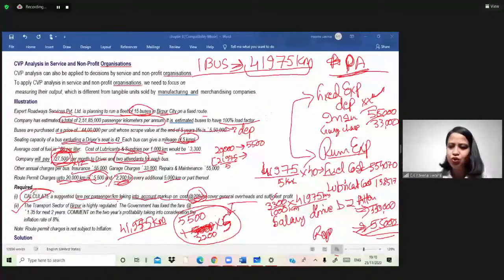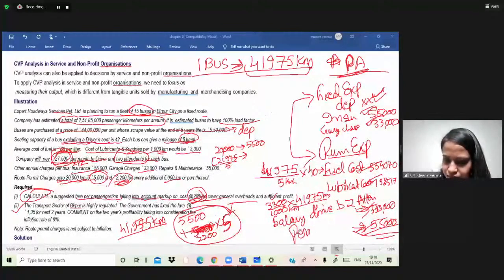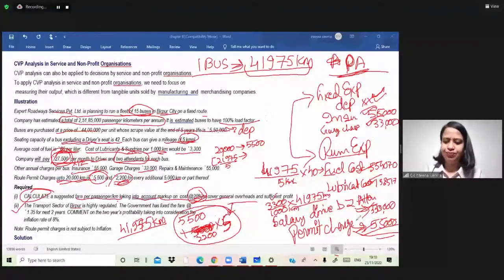The total value you will get after considering the depreciation, insurance, garage charges, then fuel cost, lubricant cost, salary of the driver and two attendants, and then permit charges. Give me the total value quickly and do 20% markup.